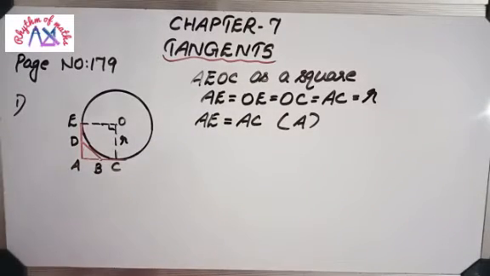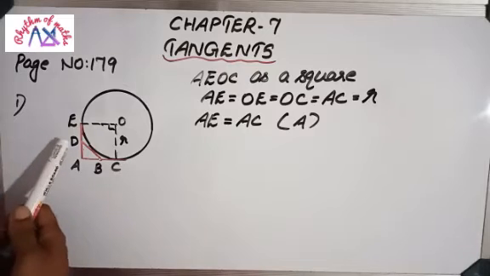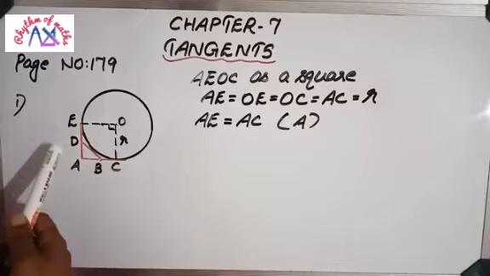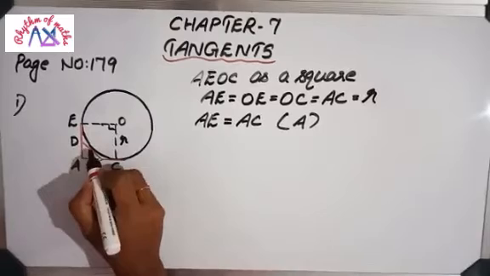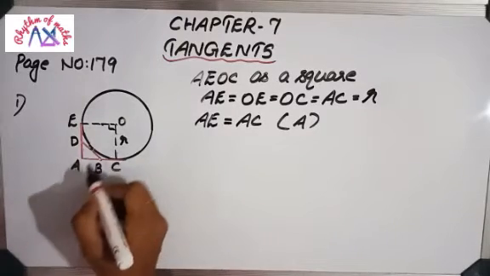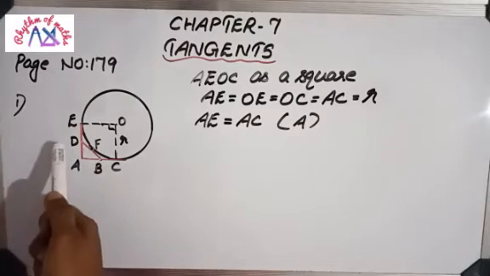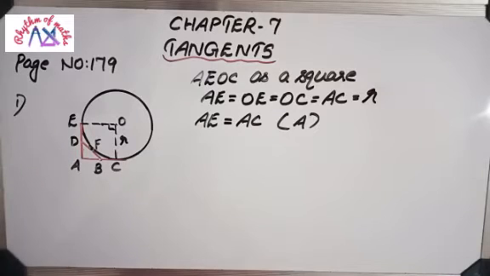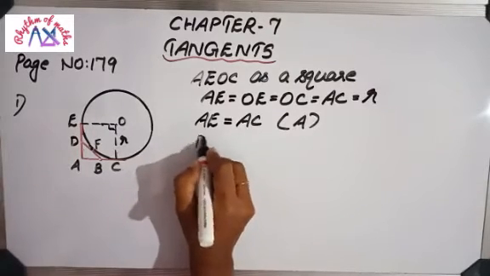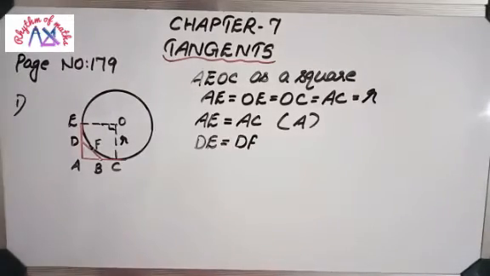Now let's consider the second point, that means point D. When you check this point D, you can see two tangents going from D to the circle. That means DE, and one more tangent is here. Let's mark this point as F. So here DE and DF, these two are tangents from the same point D, so they are equal.